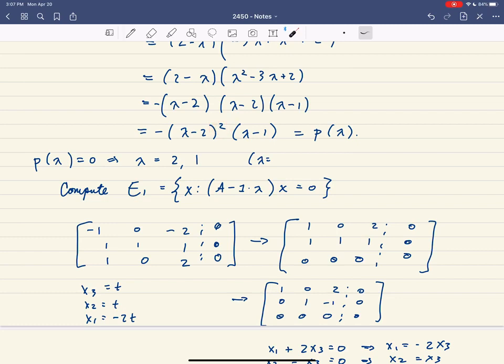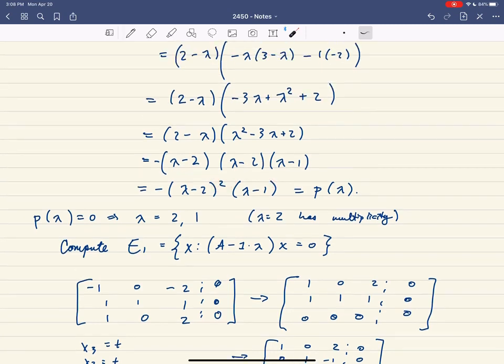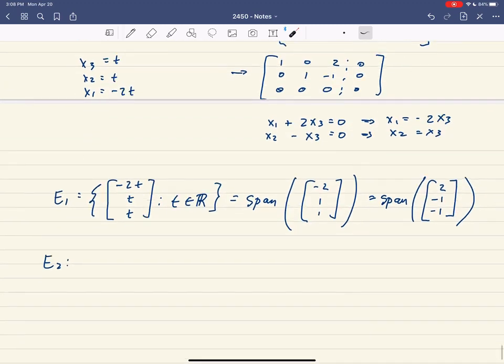But this eigenvalue, namely 2, has multiplicity 2. I know that these are the only 2 eigenvalues because we solved the equation, but if I add the multiplicities, 2 plus 1, I get 3, which makes sense because our characteristic polynomial is a 3rd degree polynomial.